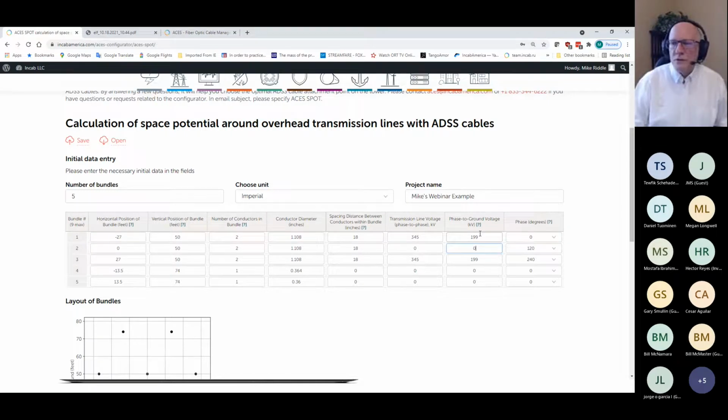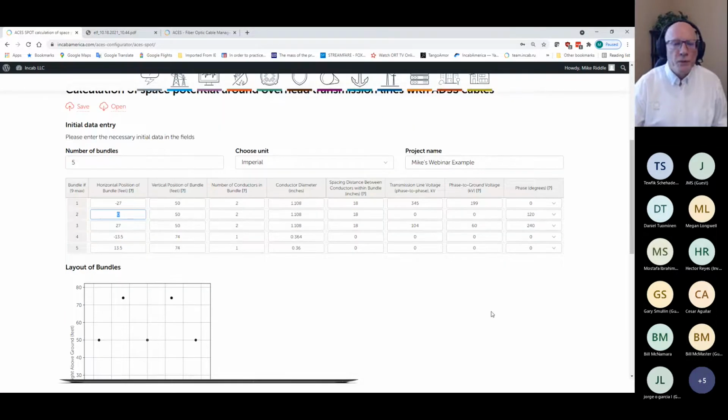I'll delete this next one so that you'll see it, and I'll put in some crazy number here so you see that it'll calculate things for you. For the phase, we'll just use 0, 120, and 240 for the 3 phases.